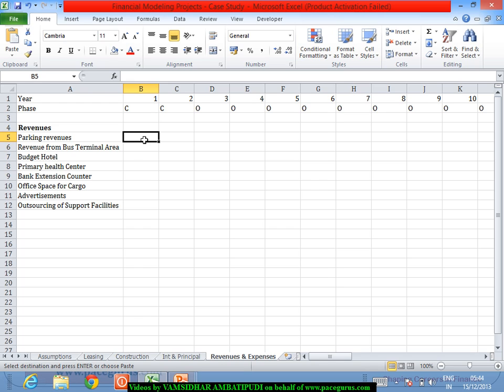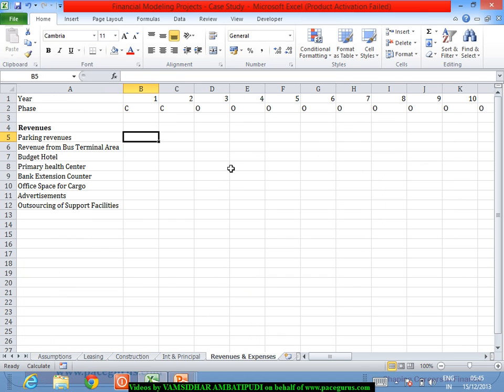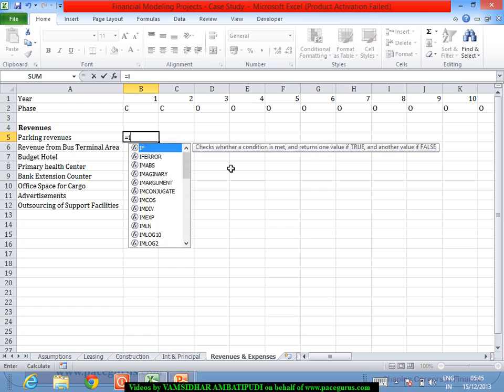So as far as the parking revenues are concerned, what is it that I am saying? I'll pull out, these are the revenues from parking, but this is in the current year, and so year on year they are going to grow up by 7%. So how do I build that logic?